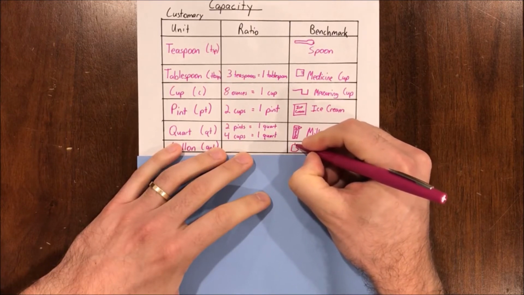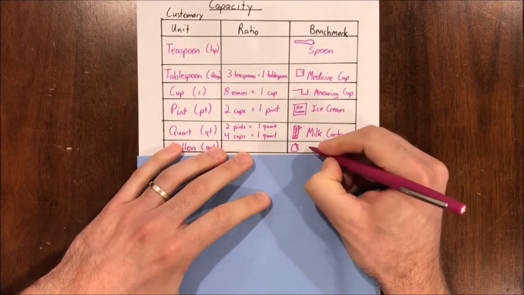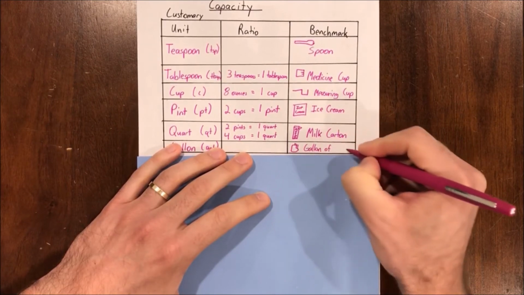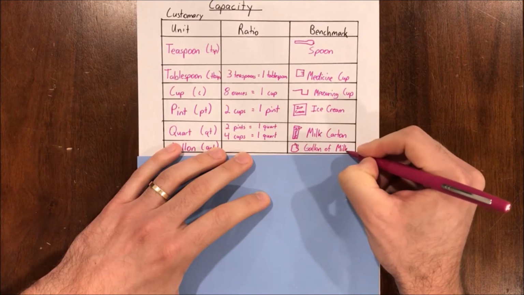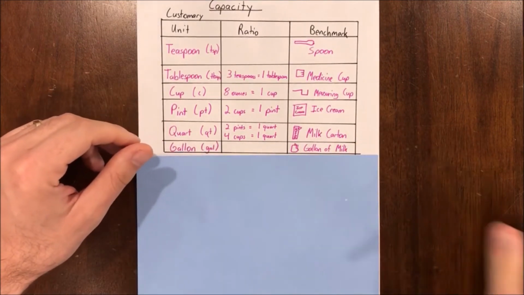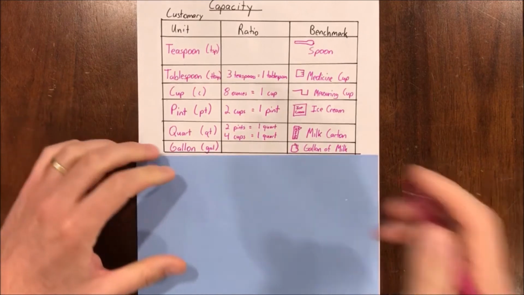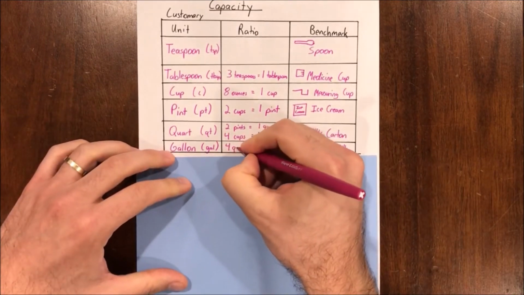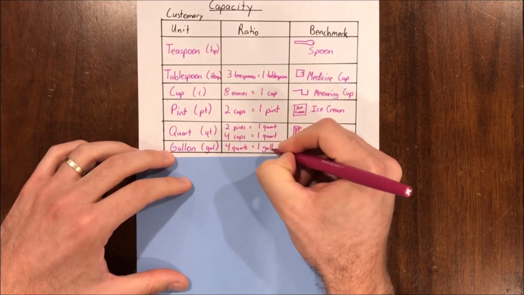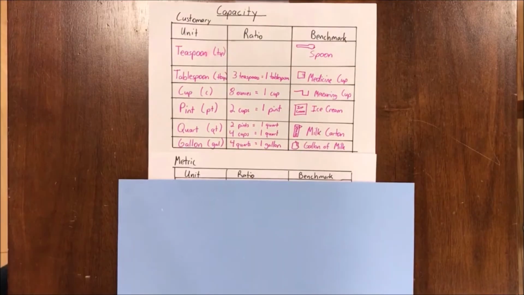And our top, I'm going to say gallon of milk. I think most of us probably know what that is. And then our ratio here, there are 4 quarts in 1 gallon.